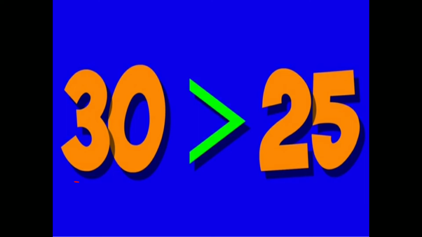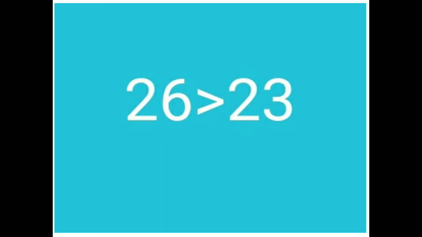Here we have 3 in tens place and here we have 2 in tens place. So we know 3 is greater than 2. So we need to put here the symbol of greater than and we call it out as 30 is greater than 25. Let's take one more example.